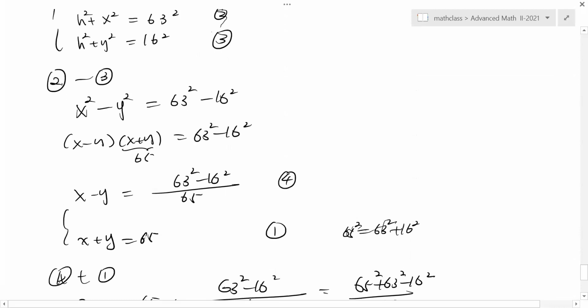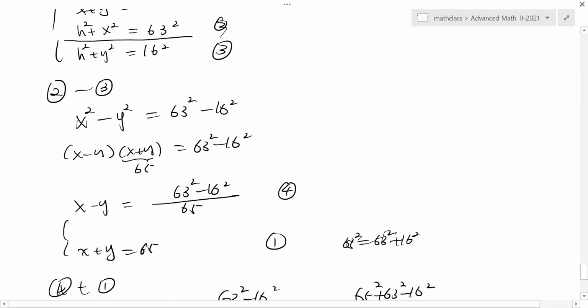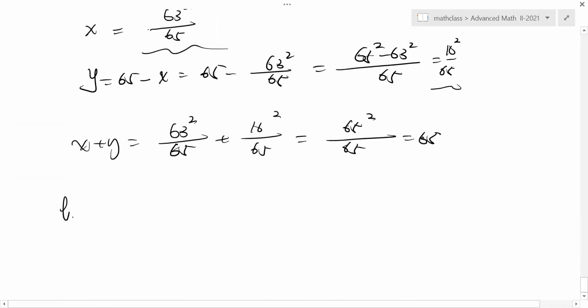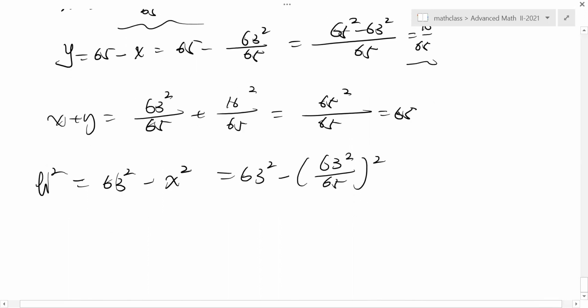Let's go back to the equations. I can use one of them. So use the H squared equation. H squared is going to be 63 squared minus X squared. So where's my X? Oh, X is over there. Then you simplify it. It's a perfect square. How can I do that? Well, I take 63 squared out.